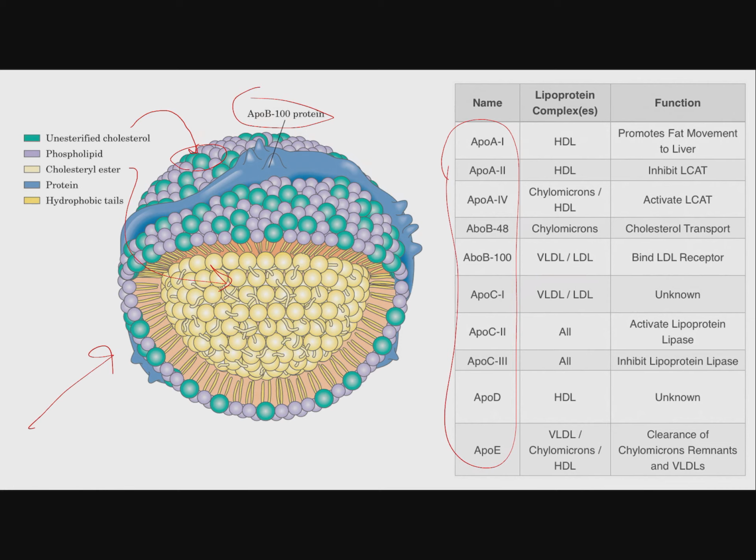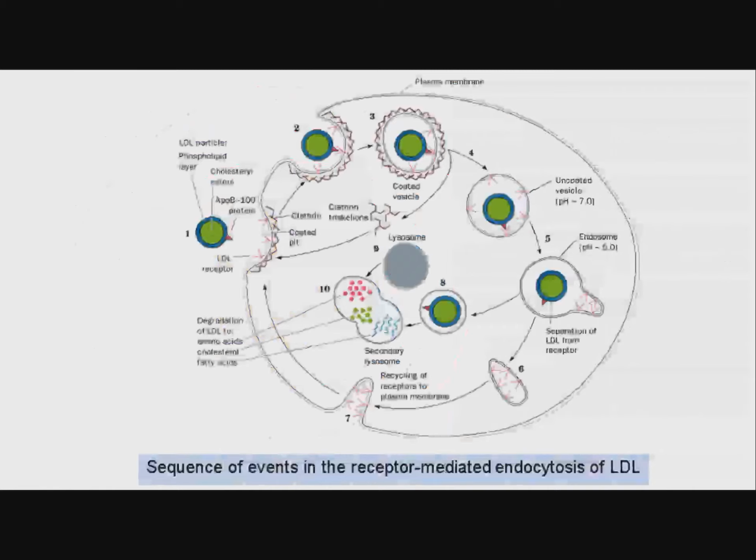These are the apoproteins, here in blue, this big blue thing wrapped around. These apoproteins are recognized by the cells. The cells then pull this whole globule inside via something called receptor-mediated endocytosis.